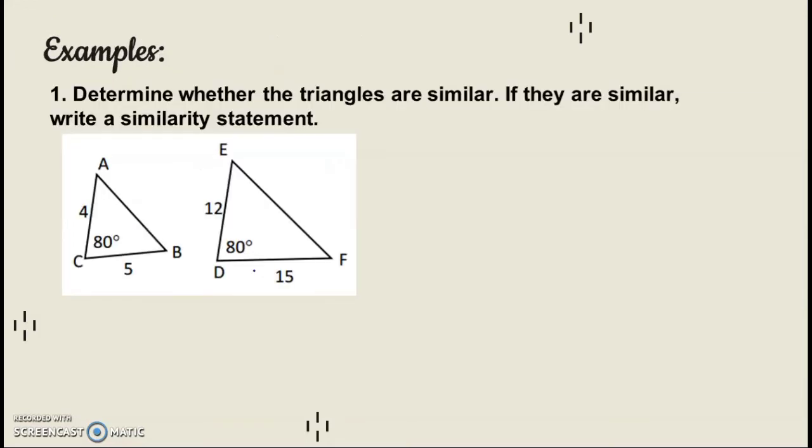Okay, so example number 1. Determine whether the triangles are similar. If they are similar, write a similarity statement. Okay, so from the given, the measurement of angle C is equal to 80 degrees, tama? And then yung measurement ng angle B is also 80 degrees.